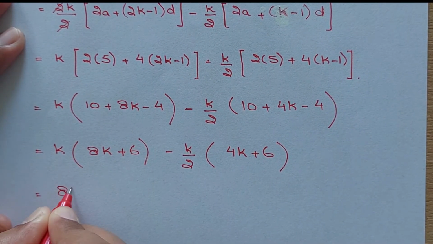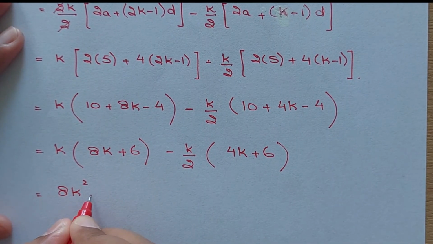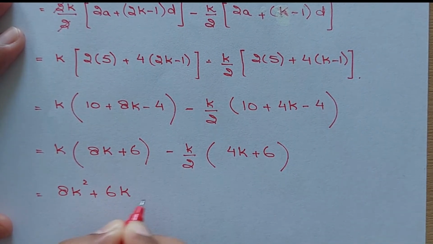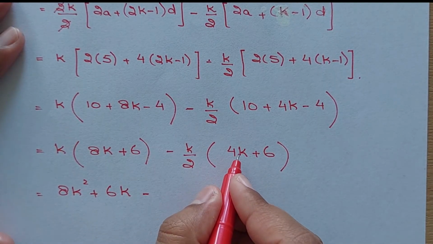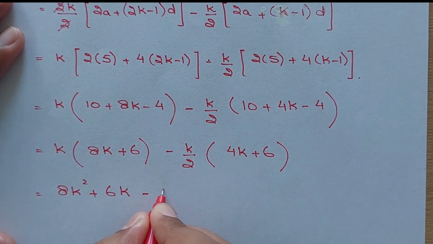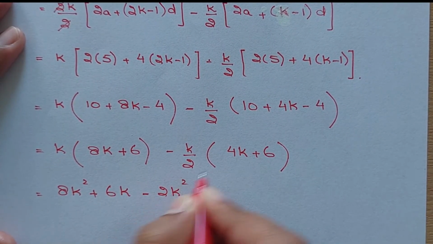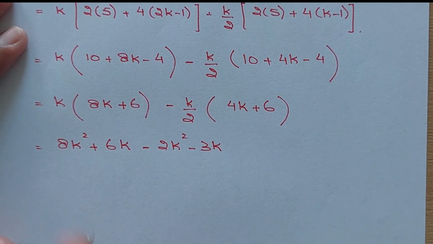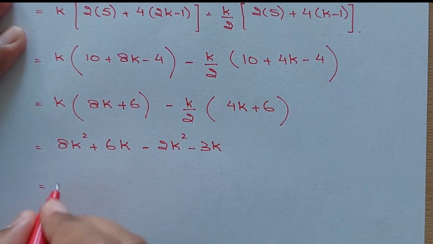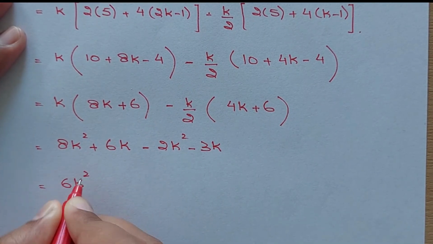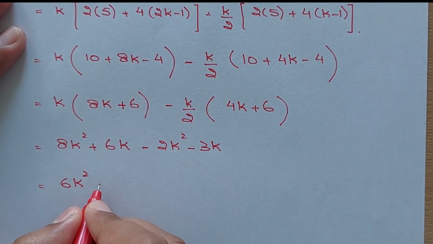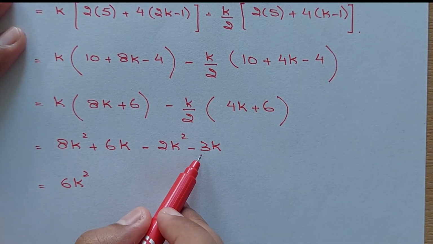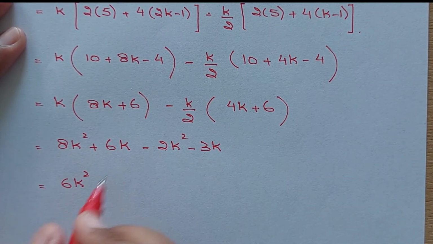Plus 6, sorry, because 10 is positive, right? So 8k square plus 6k. Here we have k square, 2 times 1 is 2, 2 times 2 is 4, minus 2k square, and 2 times 3 is 6, minus 3k, right? And k square is 8 minus 2, that is 6k square, and the k terms are 3 and 6.